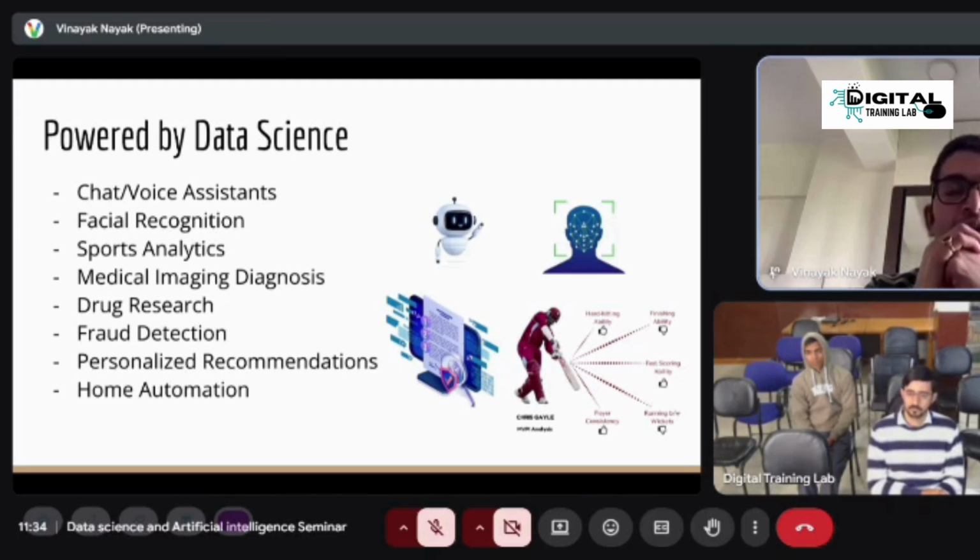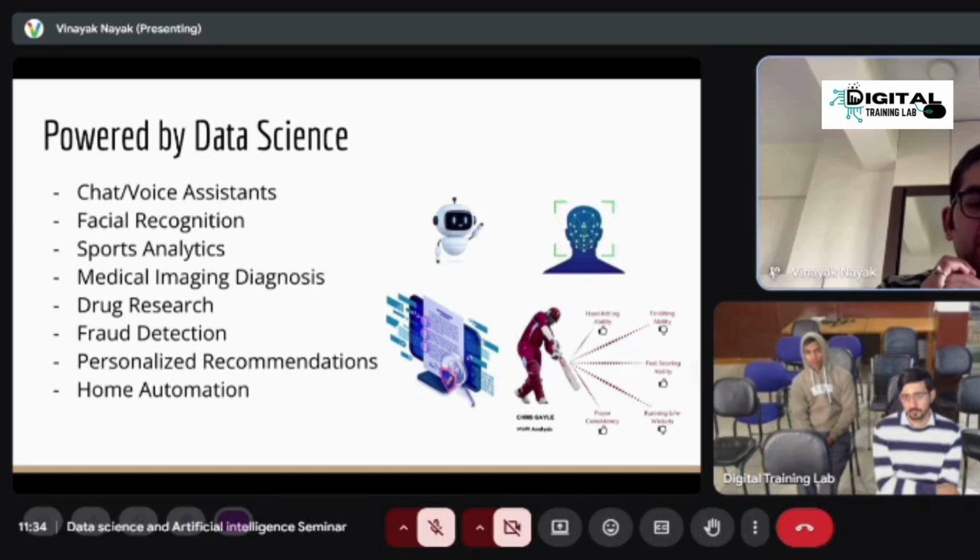Even in places where there is no cure yet, there are these reasoning models and thinking models which are trying to come up with some ways of how a particular protein structure would interact with some other structure and what their combination will be, and so forth. So those kinds of things are powered by data science.